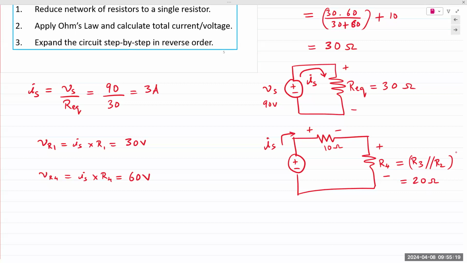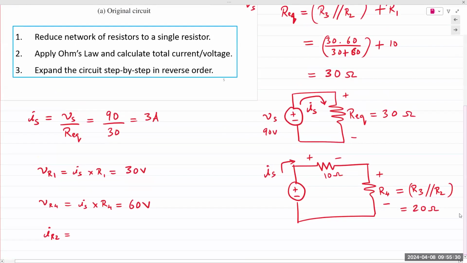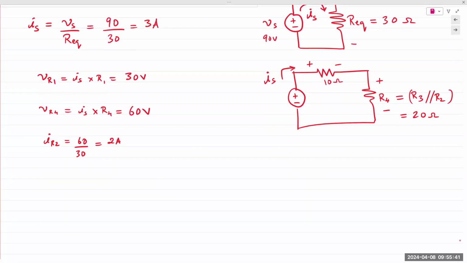So always use KVL and KCL to verify your answers at the end. And from here, I can also find IR2. IR2 is, of course, 60 divided by 30. So 2 amps. And IR3 is 60 divided by 60.